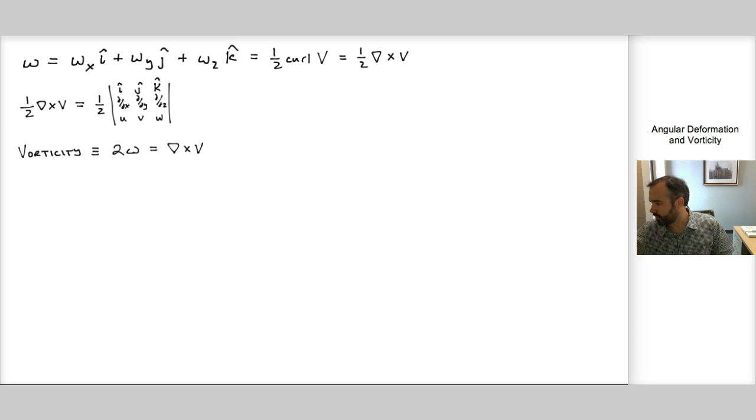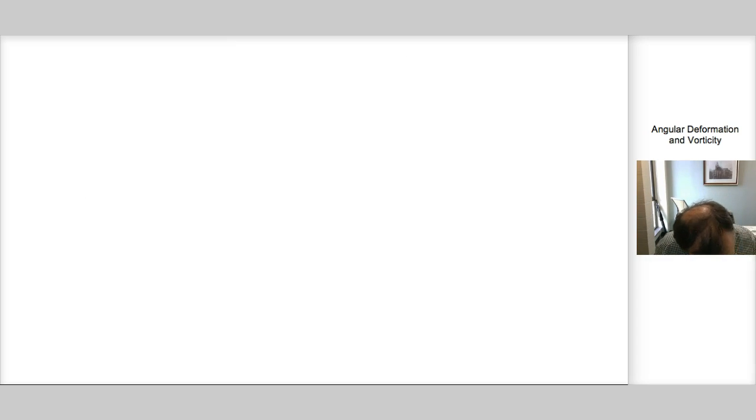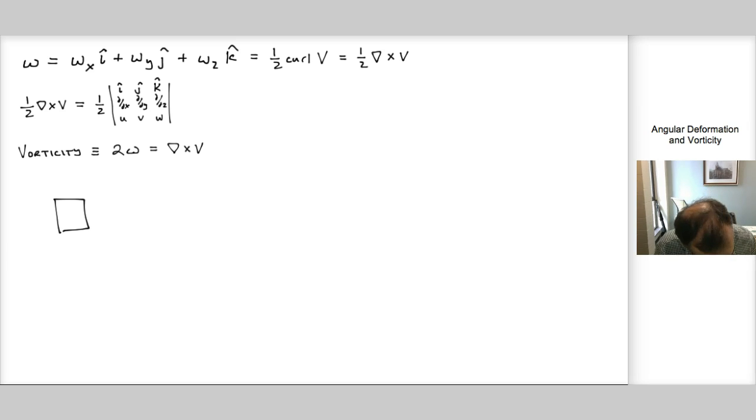Okay? So for a particular axis, if we think about omega z, a fluid parcel will only rotate around the axis. So if we have this fluid parcel like this, and if we say the z-axis is coming out this way, it will only rotate around that axis.